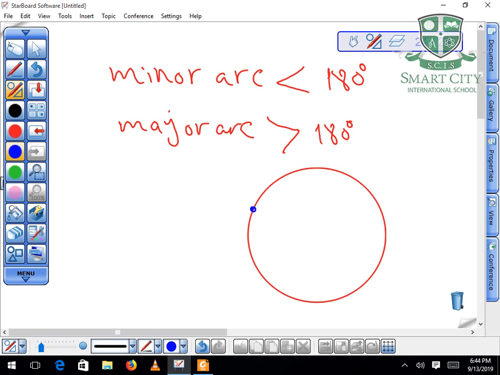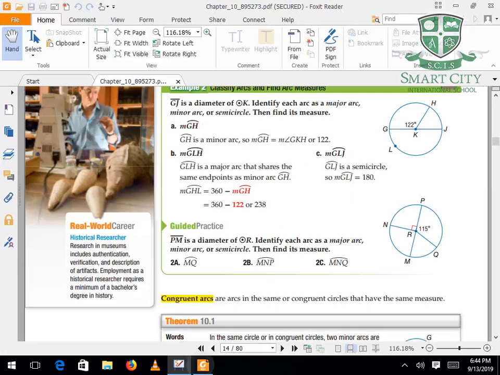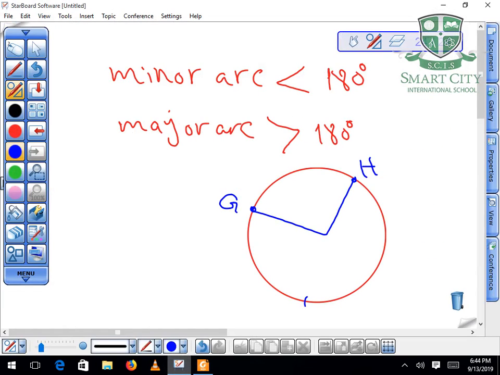This one is G, this one is H. So GH is minor. But GLH, this one, so it's major.